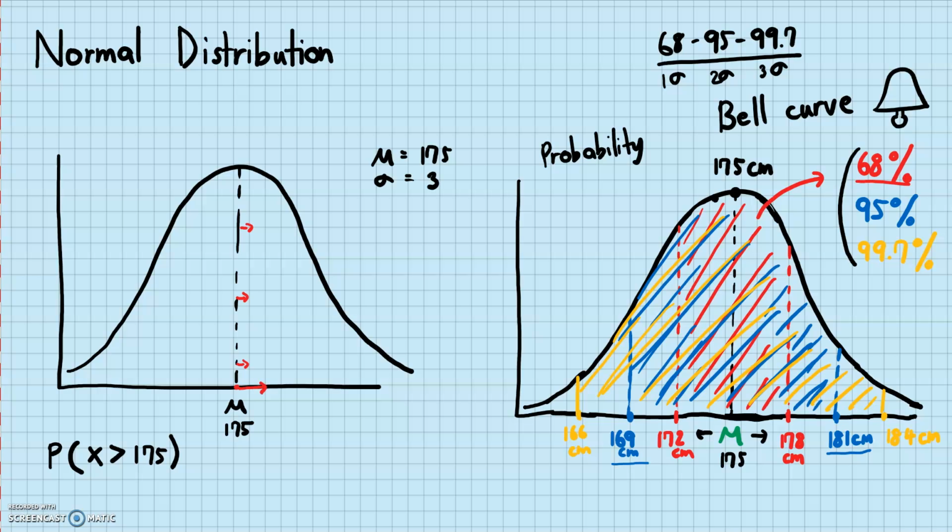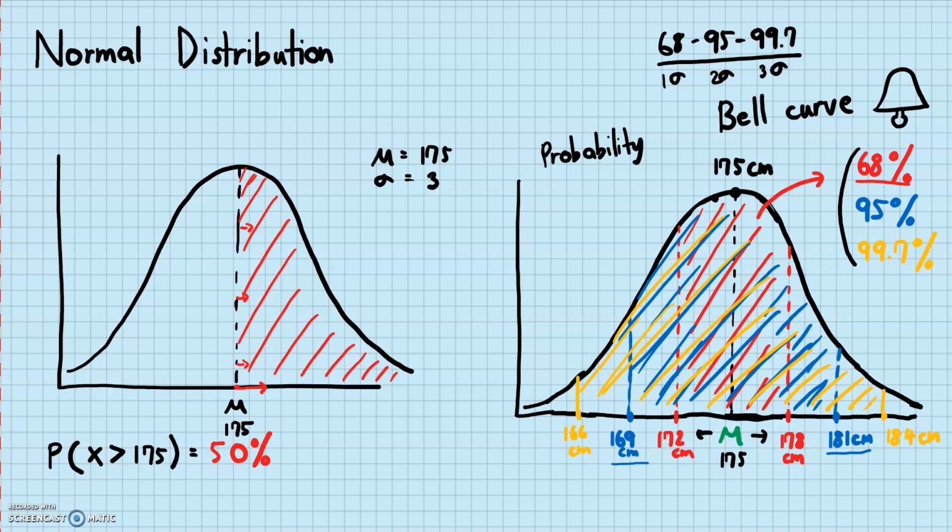This side is bigger than 175. So you're calculating this area right here to find that probability. And if you look at the graph, I've told you before that this is symmetric, right? So that would actually equal 50% of the whole population.